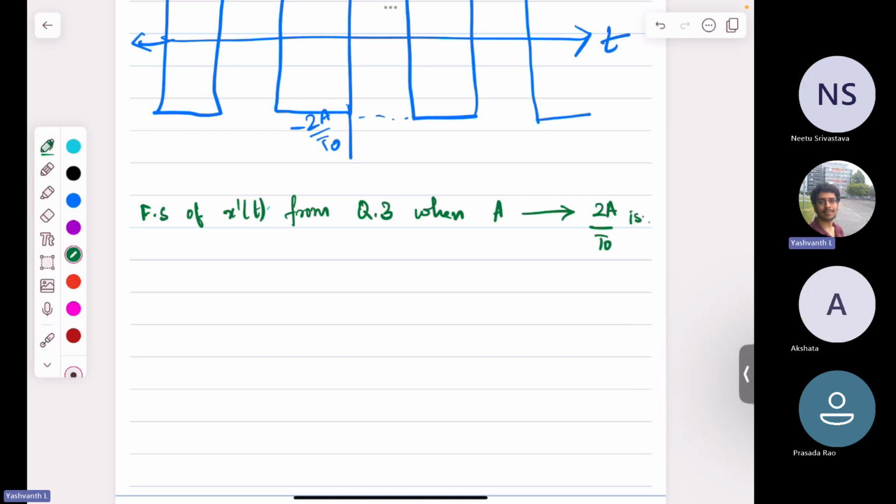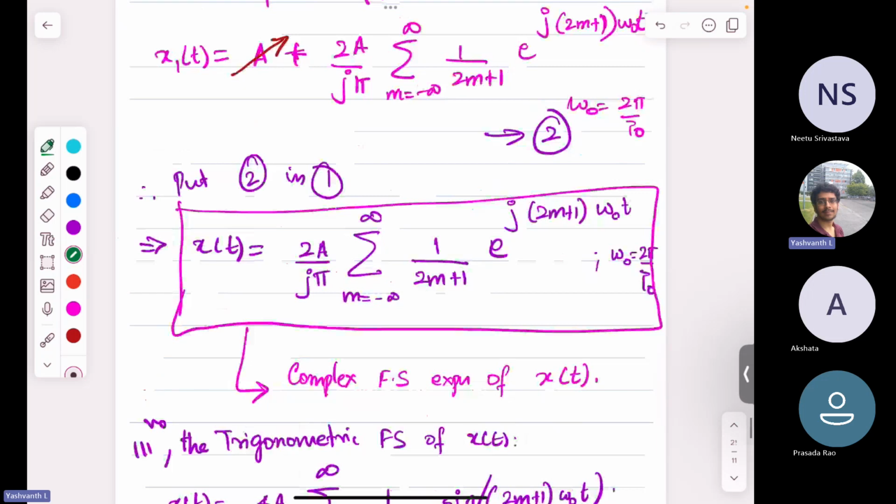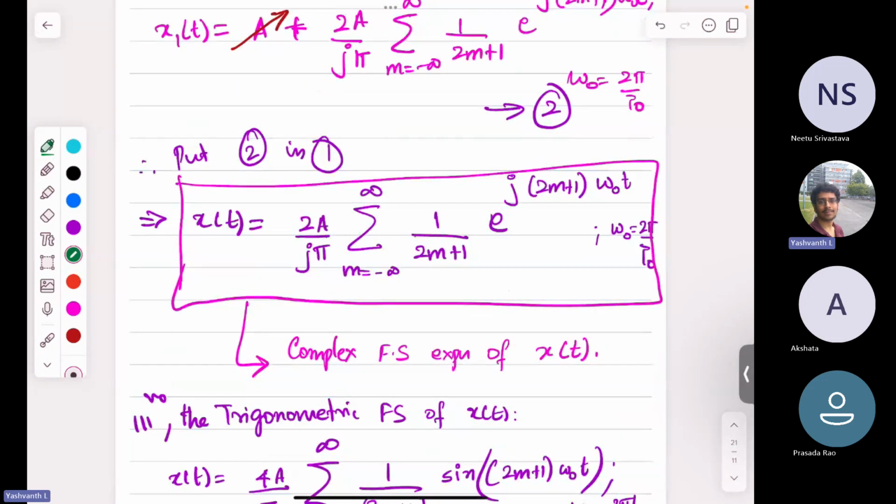Let's first do the complex exponential; in the same way, you will also do your trigonometric Fourier series. So you replace a by 2a by T naught. That means your 2a will become 4a, and you'll have an additional T naught here. So 4a by j pi T naught times this entire thing, which will remain the same.